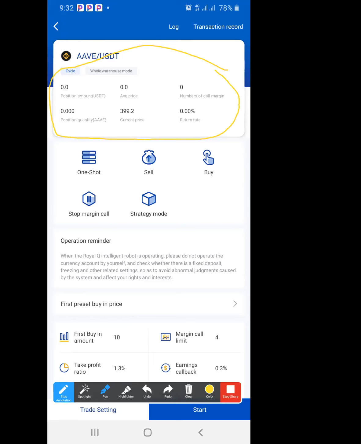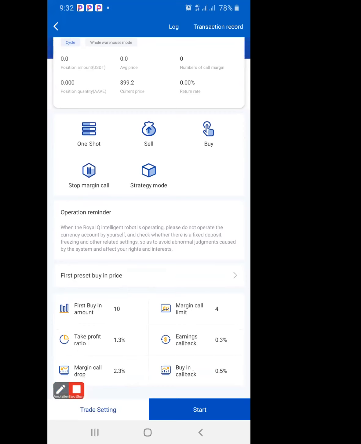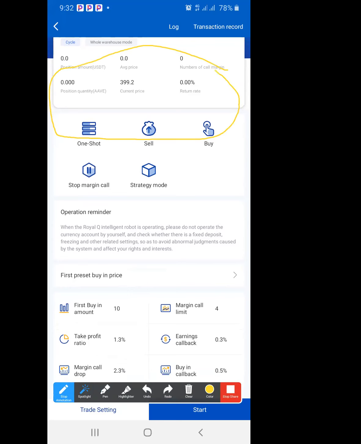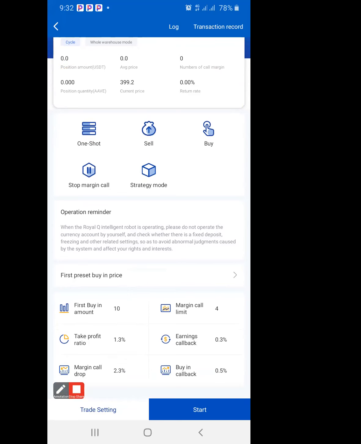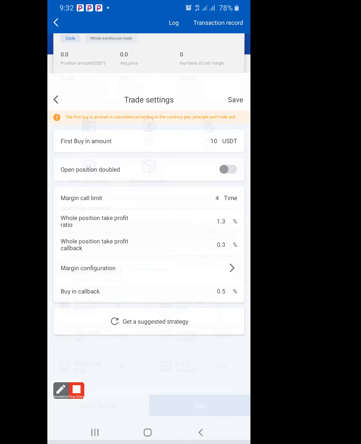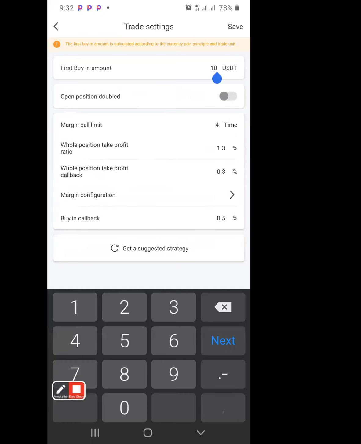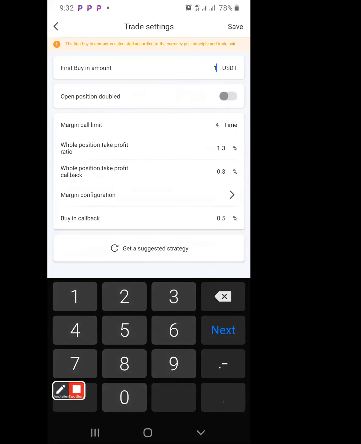If you want to place a trade manually, now I'm talking about manually, not syncing a strategy, the first thing you do is go to trade setting. Trade setting is here. Once you click trade setting, you determine the buy amount you want to buy. Maybe you want to start with $30 or $20 or $10.